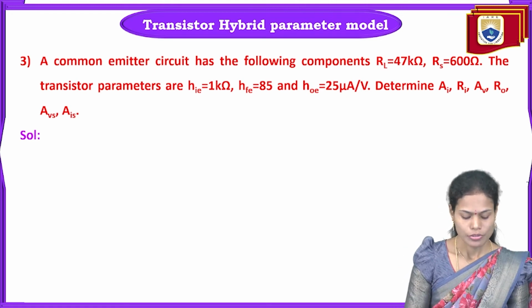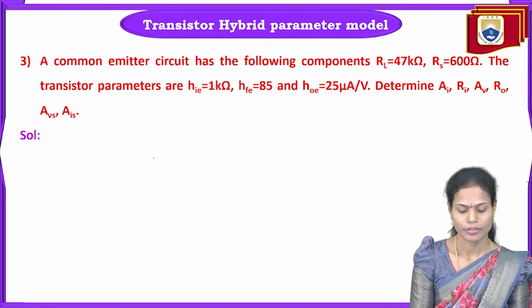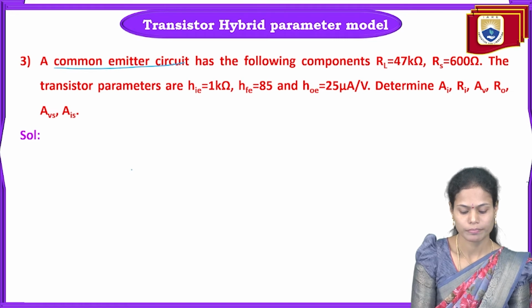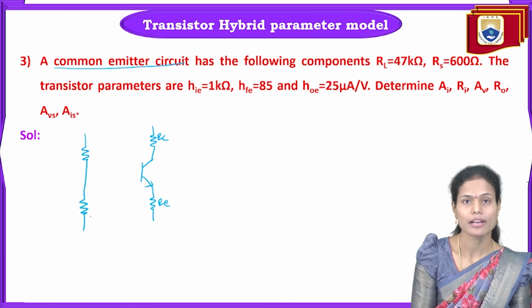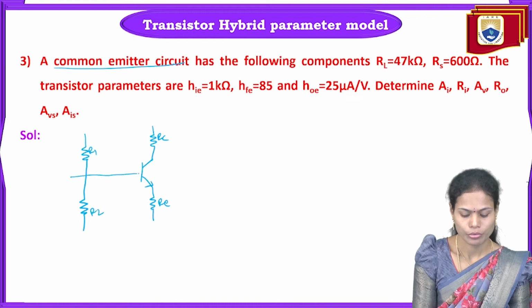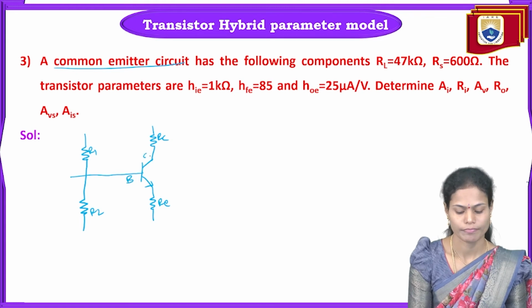For this, first of all, we have to draw the circuit of the common emitter circuit. This is the collector resistance, the emitter resistance, and here we are again utilizing the voltage divider biasing. So that's why it is R1, R2. Through this we are providing the input for the base of the transistor.